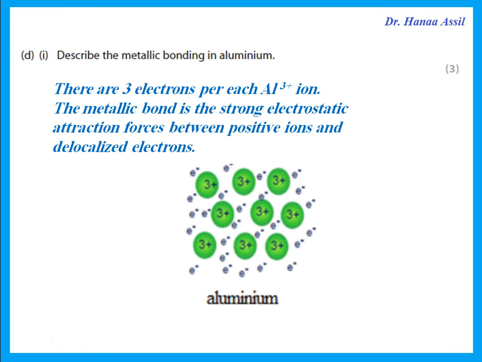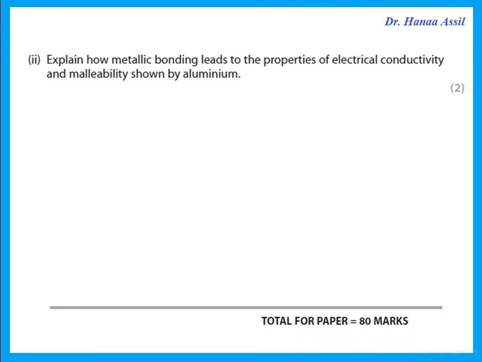This is the metallic bond. Remember, he's asking for the metallic bond, so you have to say it is attraction between something and something. So it is the strong electrostatic attraction forces between the positive ions and the delocalized negative electrons.